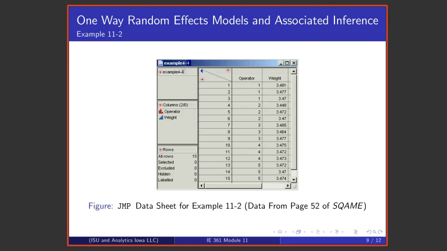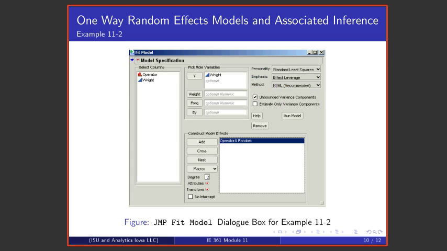So here for this setup is the JUMP data sheet. As I say, operator 1 has 3 measurements, operator 5 has 3 measurements. And the basic intention here is to quantify how variable these measurements are within an operator relative to how much difference there is between operators.